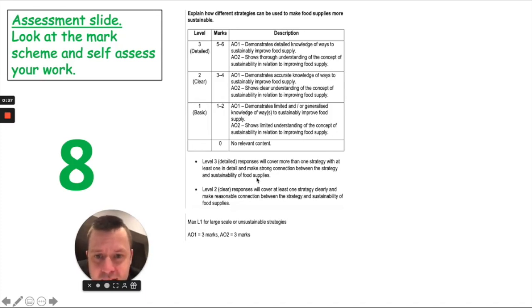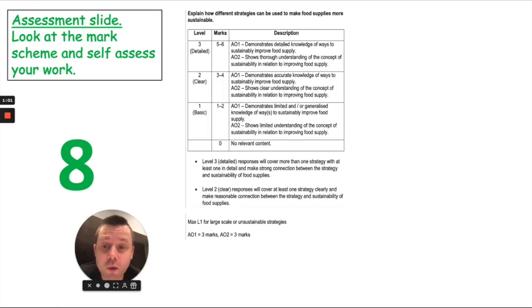If we have a look at the levels, to get into level 3, you must cover more than one strategy with at least one in detail, and your connection between the actual strategy and sustainability of food supplies must be extremely clear. Level 2, again, cover at least one strategy.